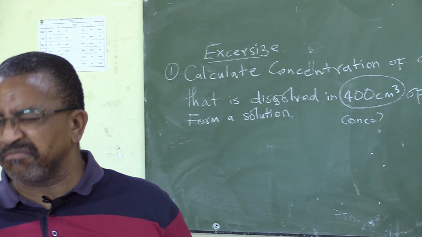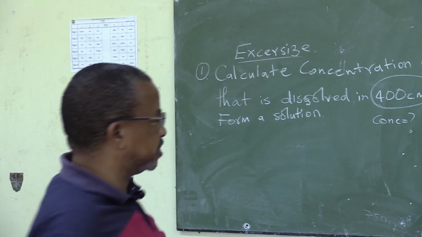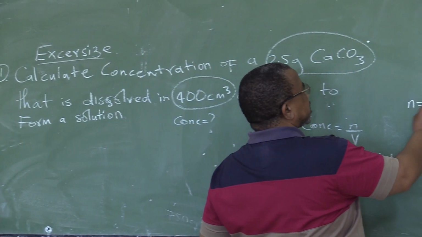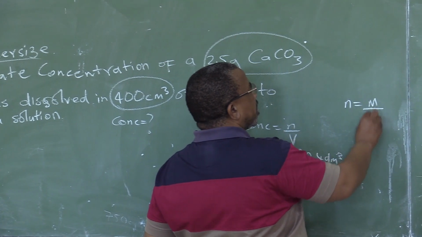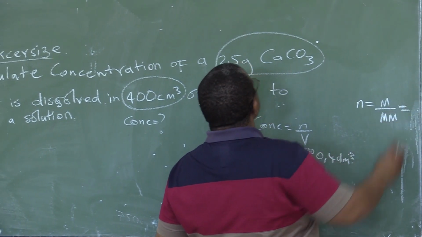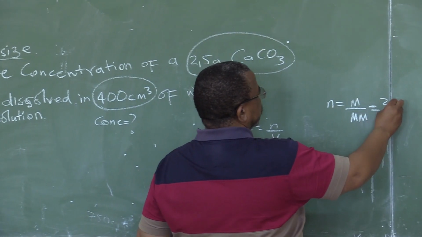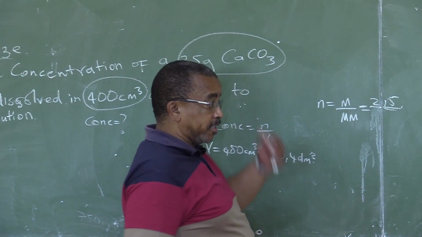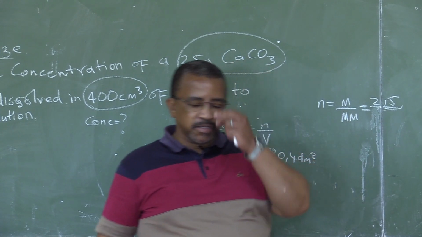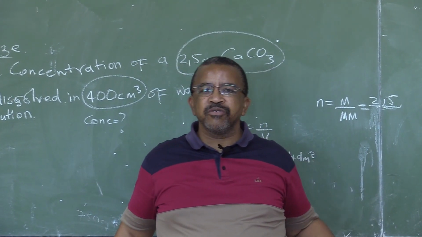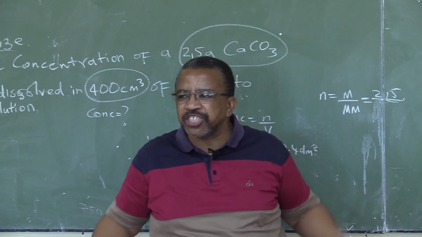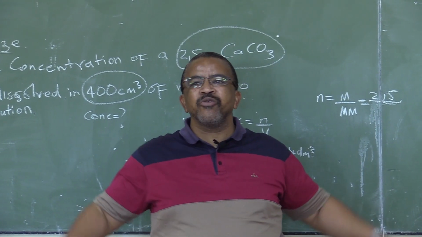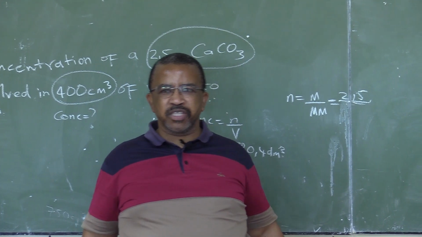We know that the number of moles is mass over molar mass. The mass is 2.5. What is the molar mass of calcium carbonate? The molar mass will not change. Calcium carbonate is always 100, and I will show you how.